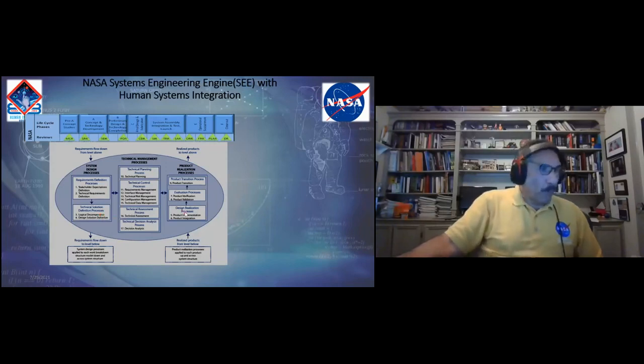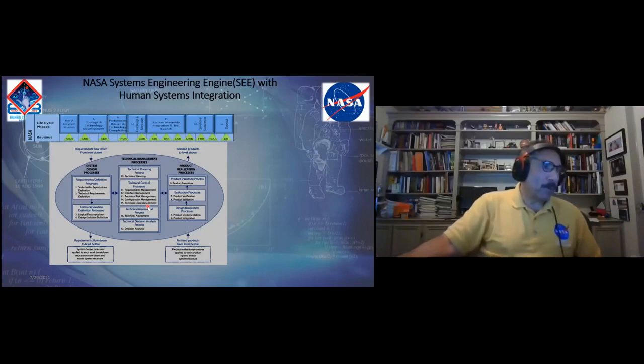On the right-hand side, we do what we call the product realization. So here we build the part that we think is going to work. We integrate it, we test it, and we validate the system. In the middle, there's a lot of activity going on, but this is important when you're developing systems: the technical management process, like planning, requirements management, interface management.